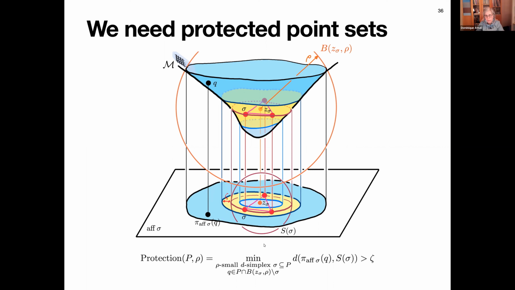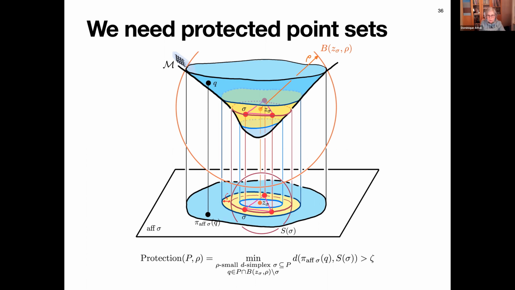Consider also the circumsphere passing through sigma, and the distance from the projection of Q to this circumsphere. This will give you a distance, and if you do this for all d-simplices sigma and all points Q close to sigma, you take the minimum of all those distances. This gives you the protection of the point set at scale rho.